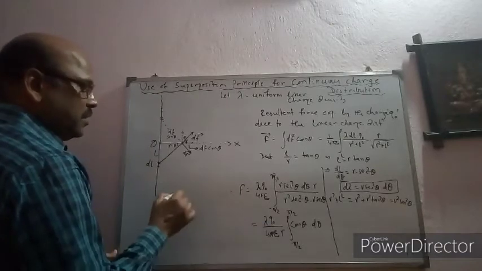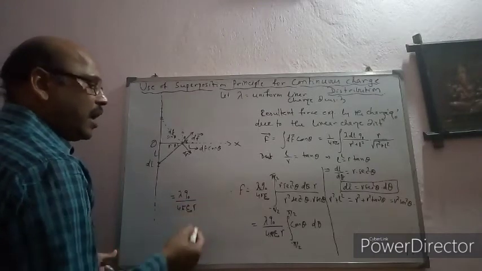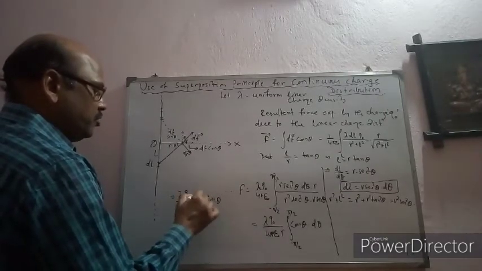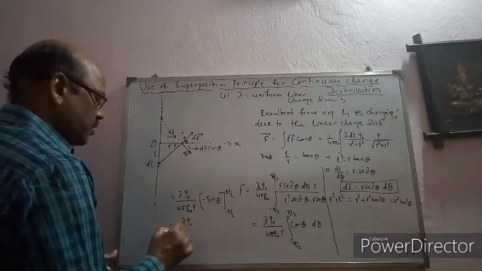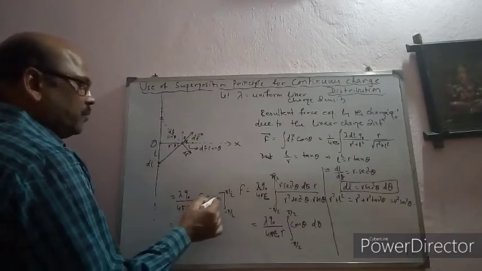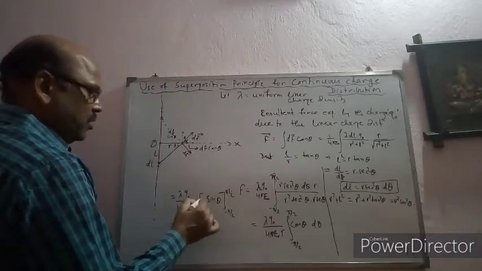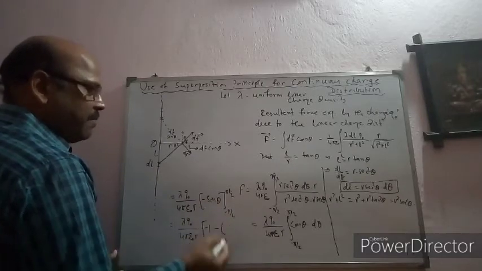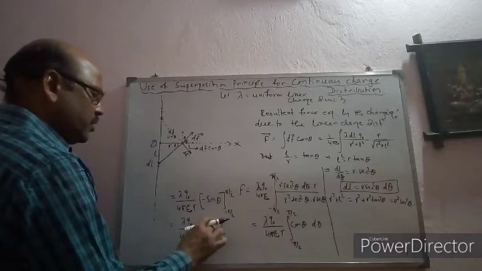If I solve it, I get lambda into q naught by 4 pi epsilon naught R into the integration of cos theta, which is sin theta, with the value changing from minus pi by 2 to pi by 2. Putting the value pi by 2, sin pi by 2 is 1. Because of this minus symbol, let me take this negative symbol out so that it will be convenient.